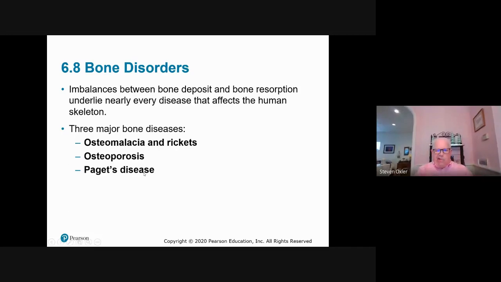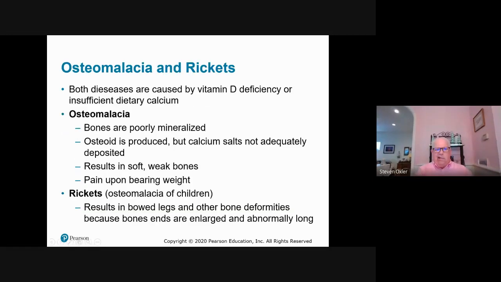Osteomalacia is a vitamin D deficiency or a calcium deficiency. Osteomalacia. You can remember this by M is mineral, and the mineral missing is calcium.